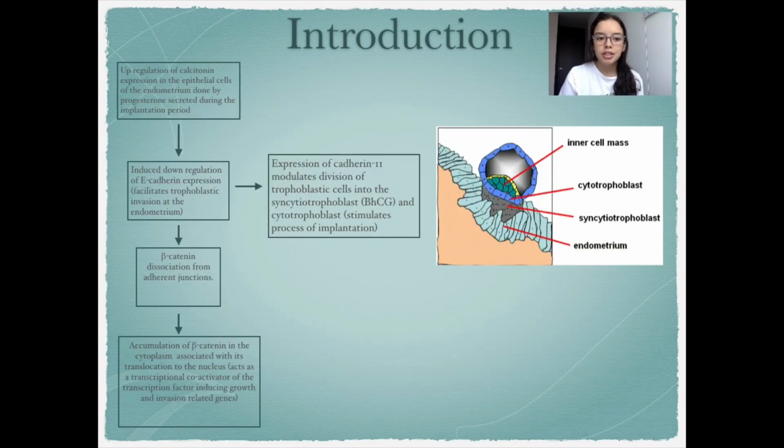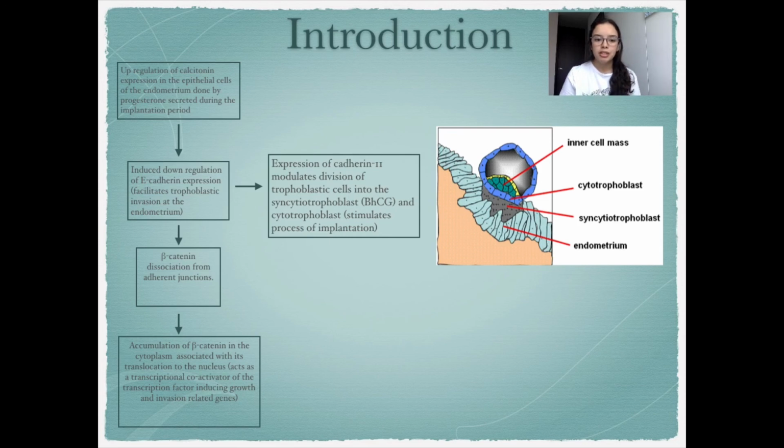For a correlation between calcitonin and the trophoblastic cells, whenever there is an increased expression of calcitonin in the epithelial cells of the endometrium, you're going to have a decrease in the expression of E-cadherin. So what is E-cadherin? This is a protein that is part of the adherens junctions between cells, which allows cell-to-cell communication.